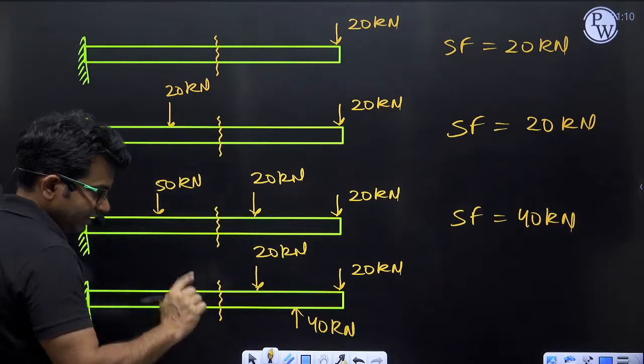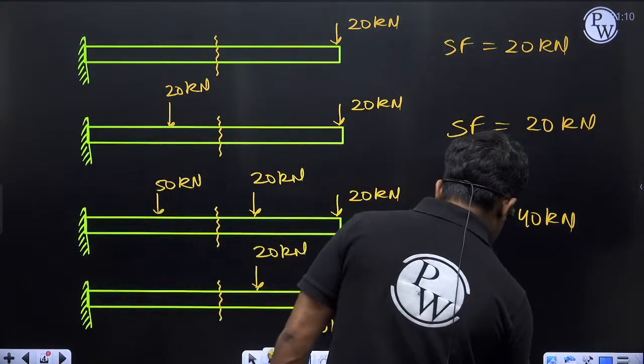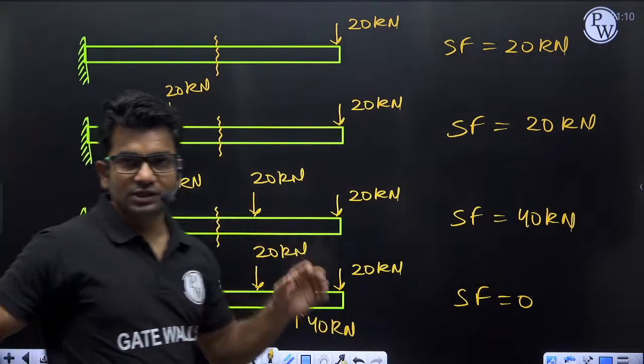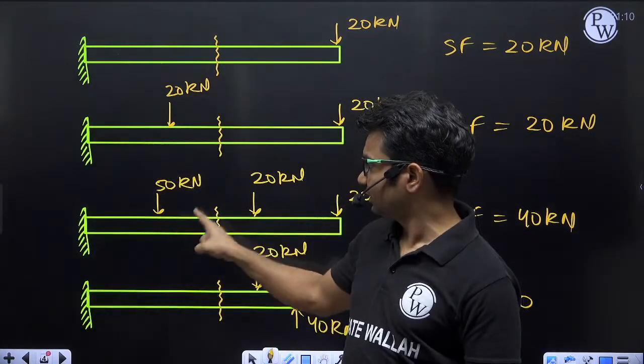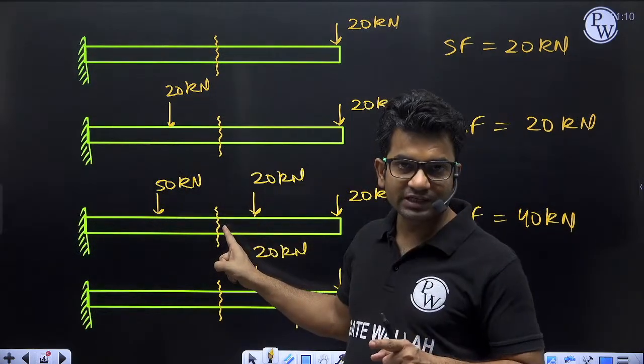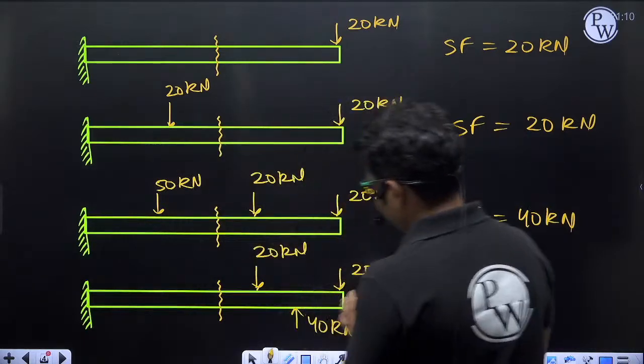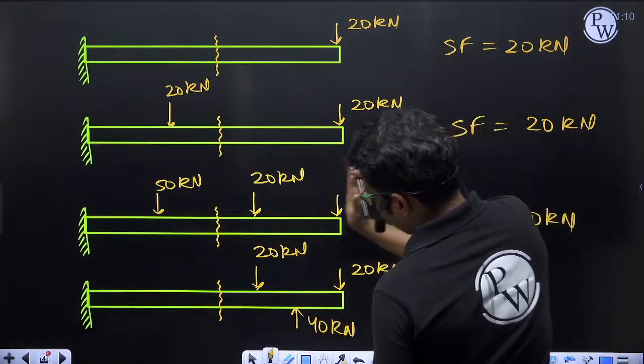Yes, very good, correct, 0. So shear force is 0. On application of 50 kilonewton here, will my shear force at this section be impacted? No, because I am calculating from this side.